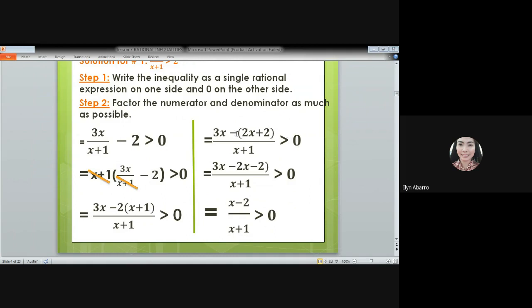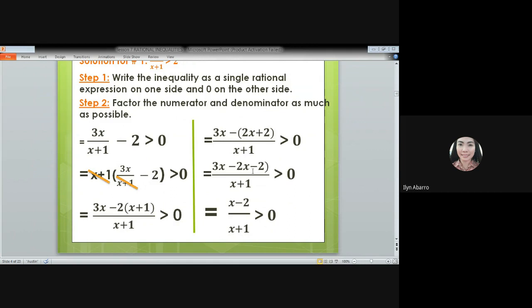Since this is subtraction, to make it into addition, we have to change the sign of the subtrahend. So it will become negative 2x, and positive 2 will become negative 2, over x plus 1 is greater than 0.